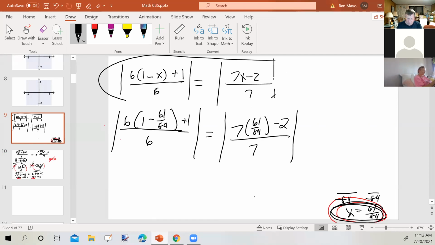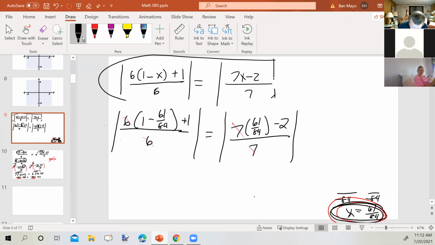Okay? Does that look right so far? All right. A common mistake might be to go over here and say, oh, those will cross out and those will cross out, but they don't, do they? Because that 6 on top isn't being multiplied by everything. So you can't do that.